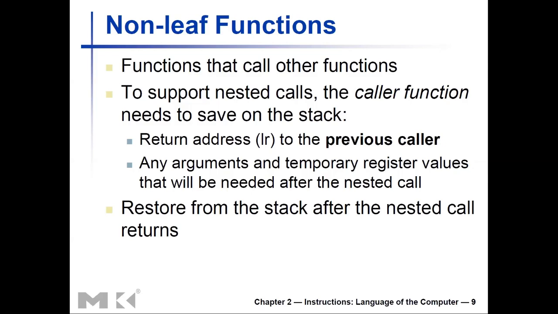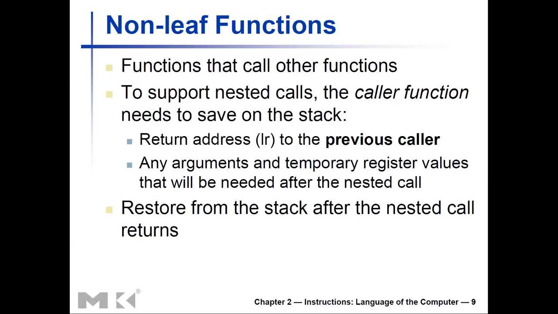And now inside the function, you are going to call another function, right? With that, to call another function, we need to again use this BL instruction, branch and link instruction. Now, when you are performing the branch and link operation, you are again going to update the same link register, because we are not going to have link registers for each and every function we have in the program.